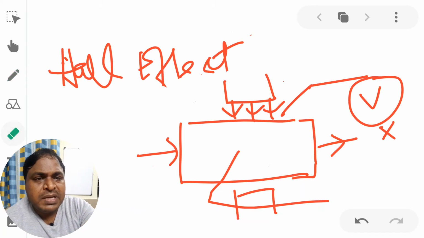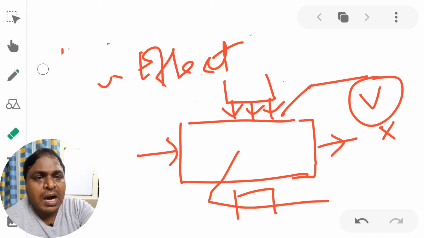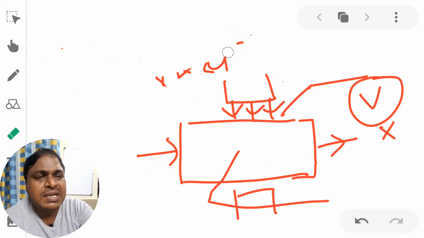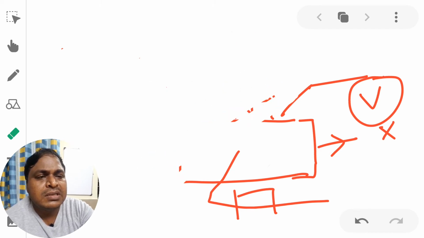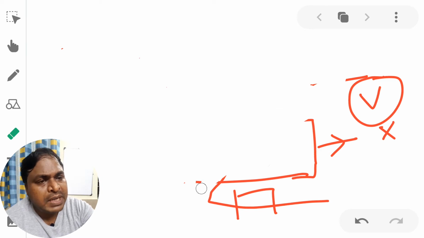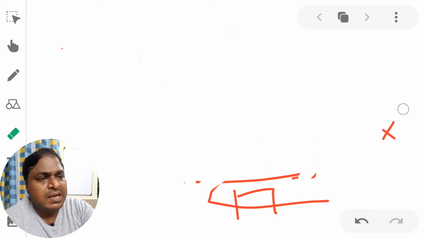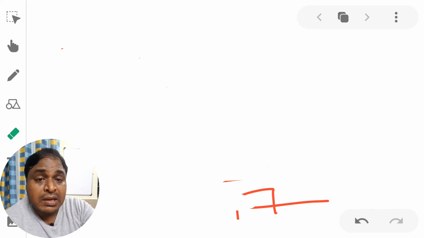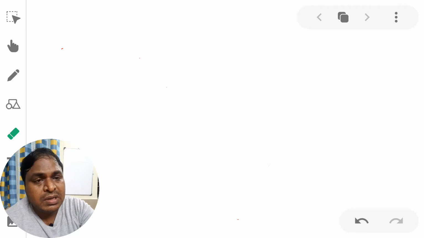Now let me explain how it happens. How does a potential difference get set up in an N-type semiconductor? You all know N-type semiconductor is made up of pentavalent impurities and the majority carriers for N-type semiconductors are electrons and minority carriers are holes, right?